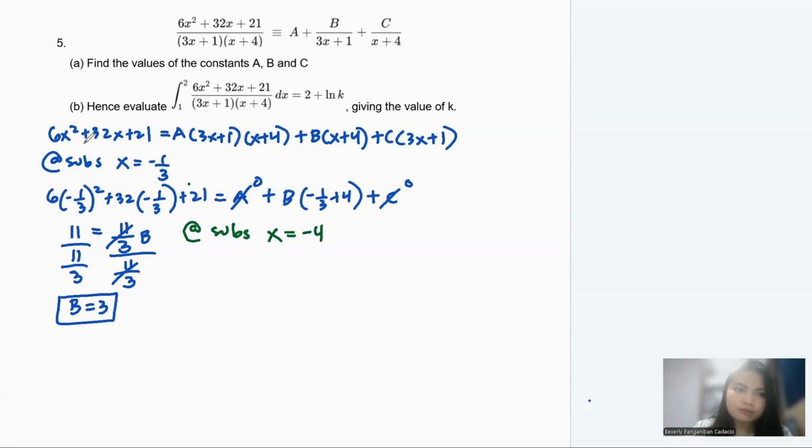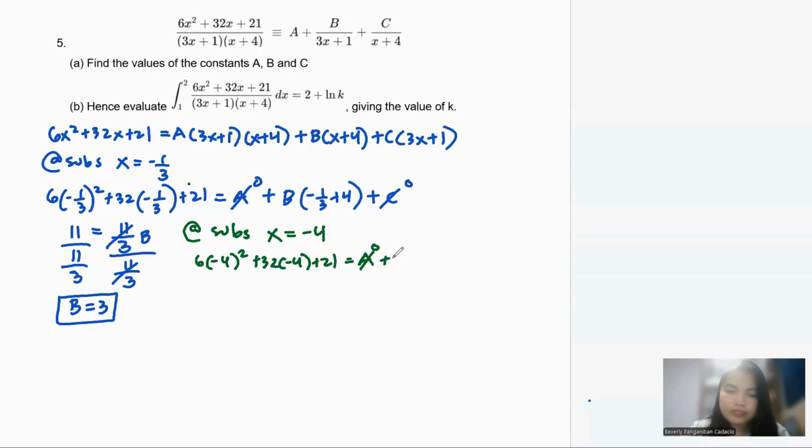The same thing, put negative 4 in each x. So you're going to have 6 multiplied by negative 4 squared plus 32 multiplied by negative 4 plus 21. And then again, the A will just be 0.